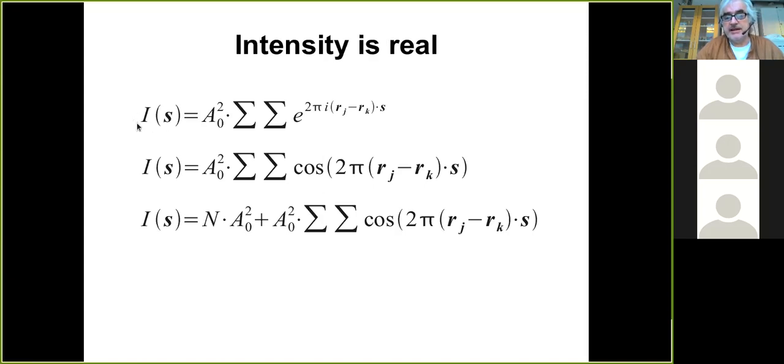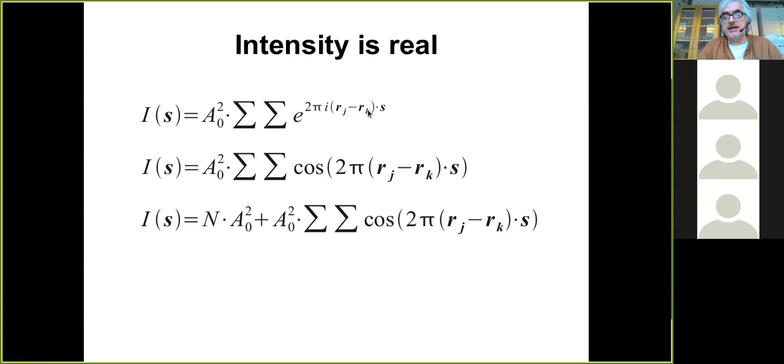The intensity is this expression, a double sum over all objects that are scattering the radiation, e to the 2 pi i. If you use the Euler formula, e to the 2 pi i (rj minus rk) gives a cosine of this scattering argument plus i times a sine of it.